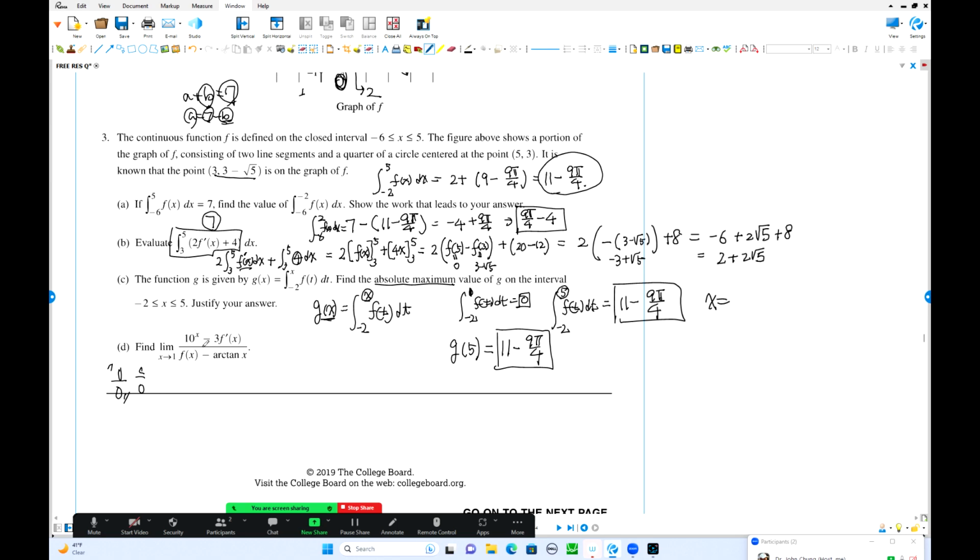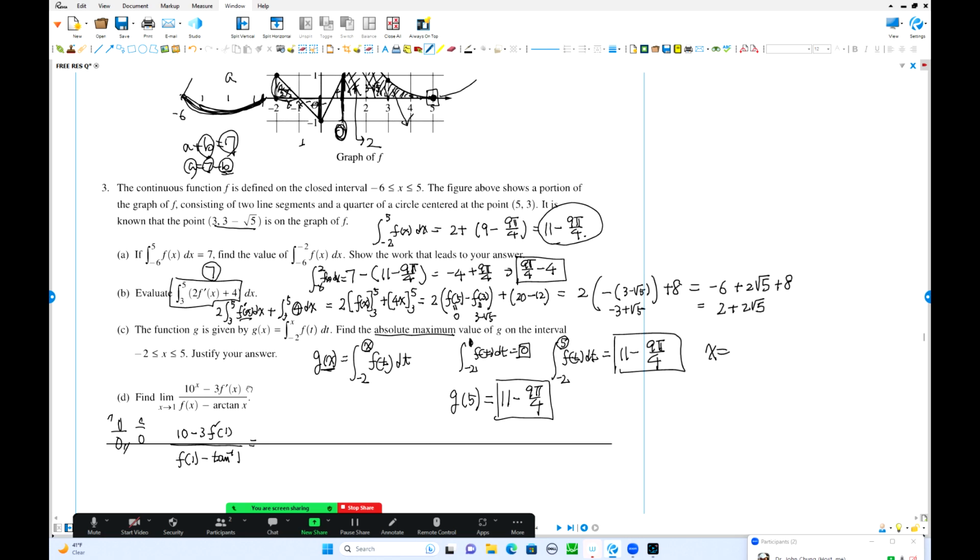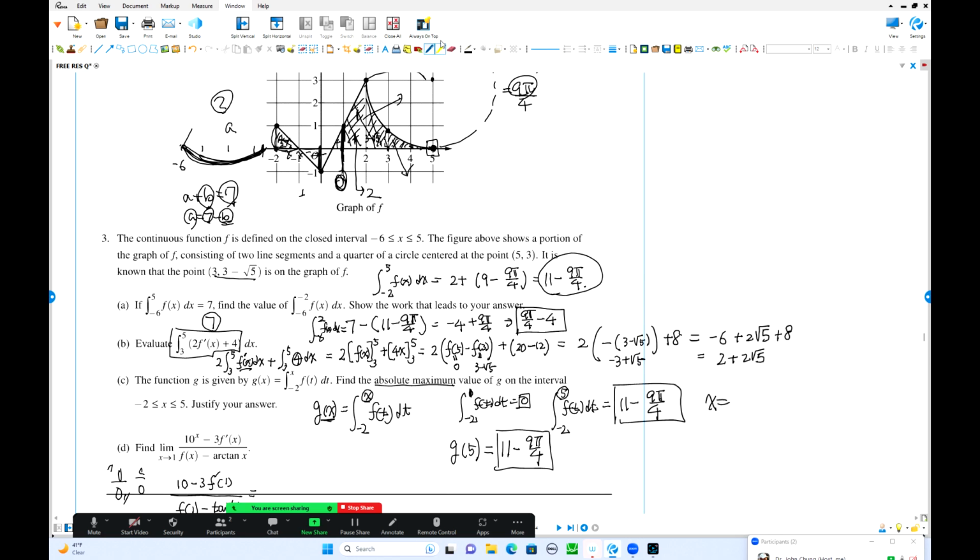Now check out, put this number there. 10 minus 3 times f prime of 1 over f of 1 minus arctangent 1. Is this 0 over 0? What is f prime of 1 there? F prime is what? Slope at x equals 1, right?